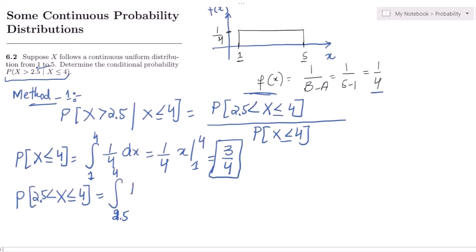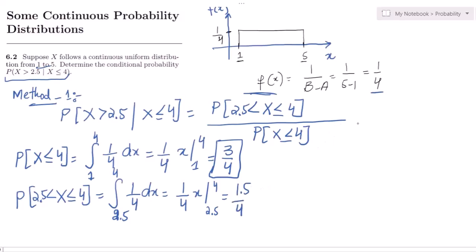The f of x will remain the same. Writing it, we will get the similar one, but here the limits would be from 2.5 to 4. And it would be 4 minus 2.5, which is 1.5, divided by 4.